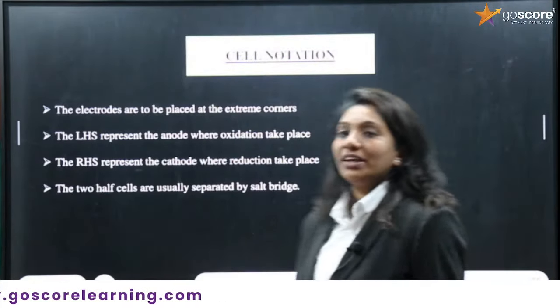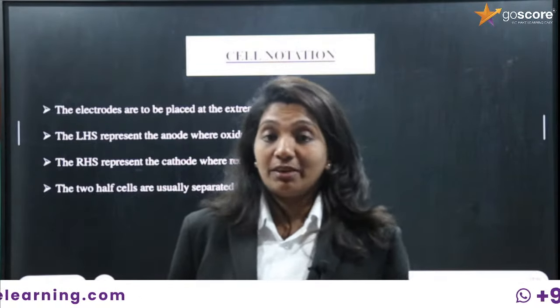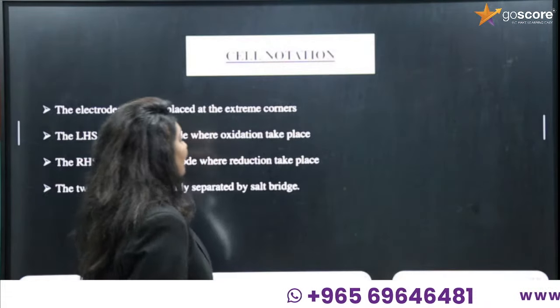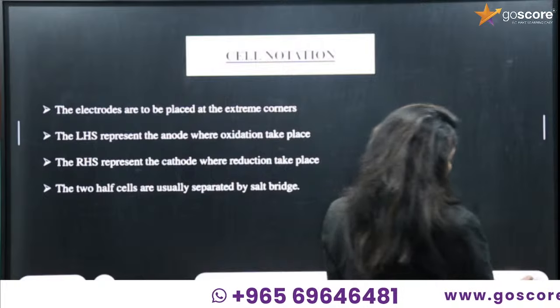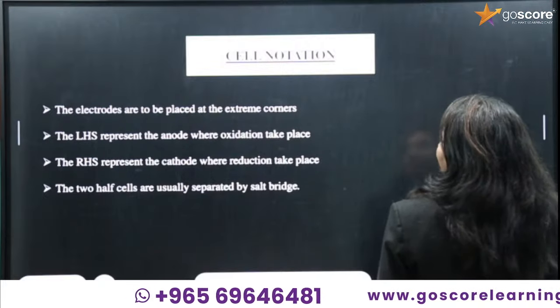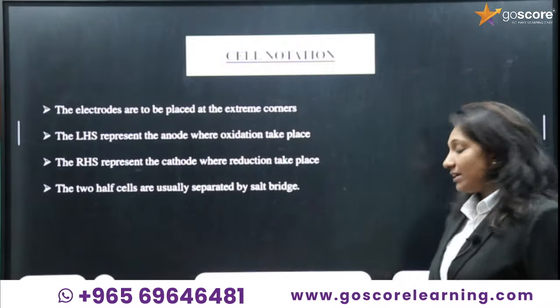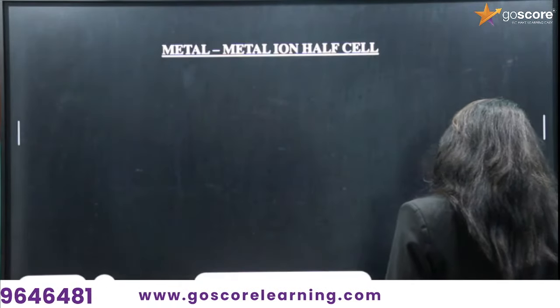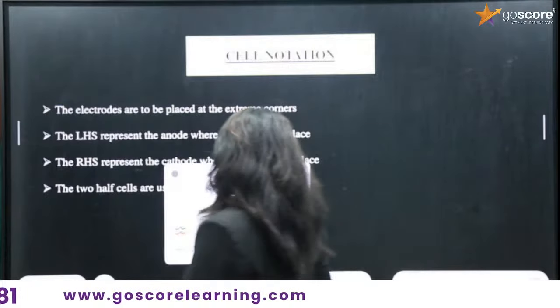Now we can see how we can represent a cell. Representation of a cell is called cell notation. In order to represent the cell, just take the example of a galvanic cell.